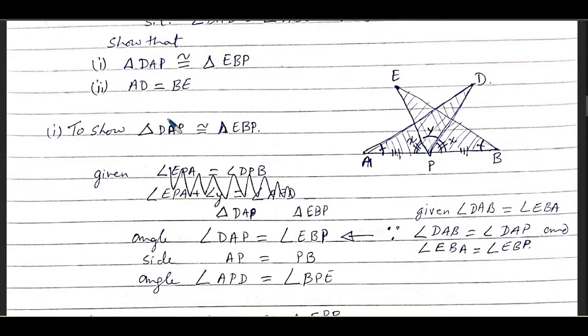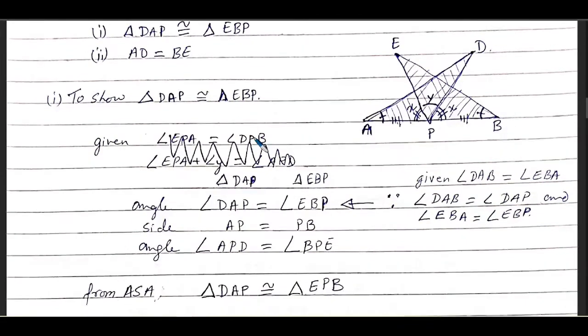To show that triangle DAP is congruent to triangle EBP, for triangle DAP I am writing here. Angle DAB is the same as DAP, the same angle. So angle DAP is equal to angle EBP, this is given. And side AP is also given, it is saying that P is the middle point. So this side is equal to this side.